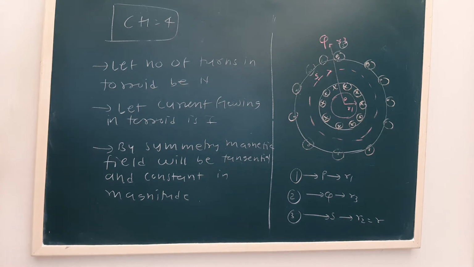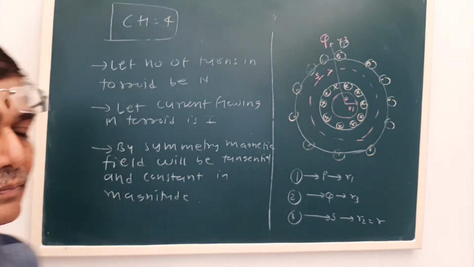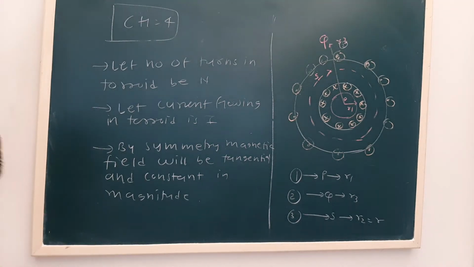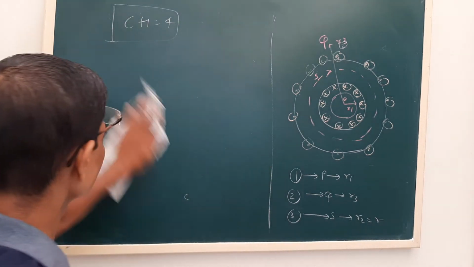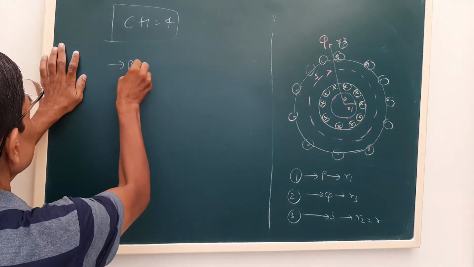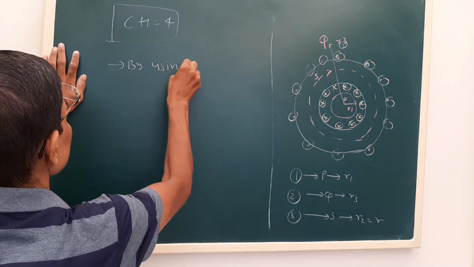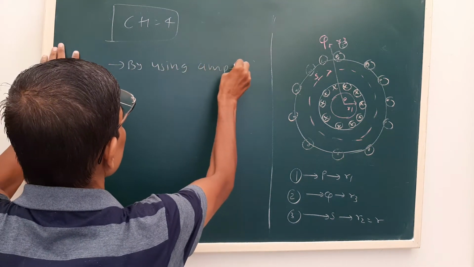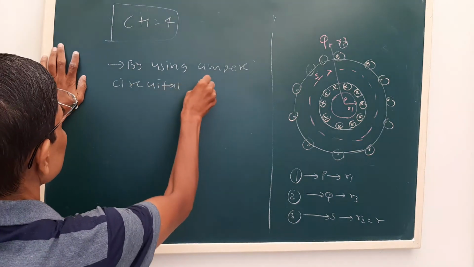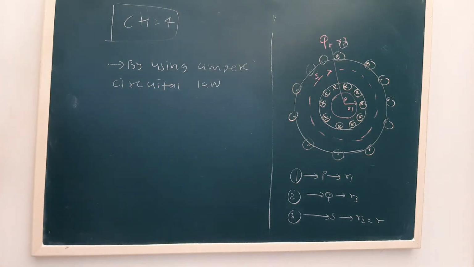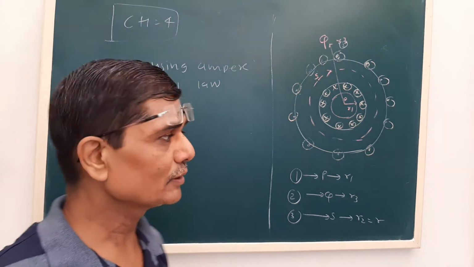So the current is I and the number of turns is N, and the magnetic field is tangential. Now by using Ampere's circuital law, we have to use B dot dl is mu 0 into sigma I.